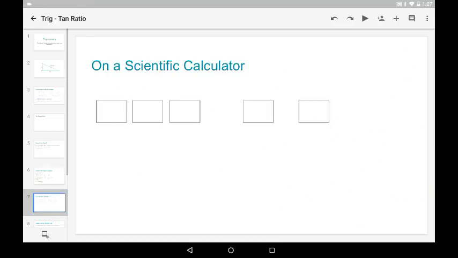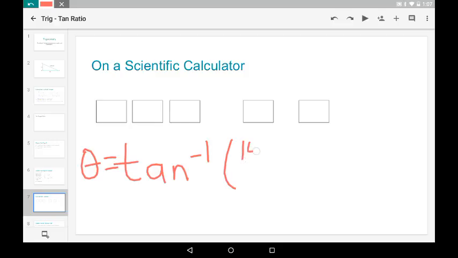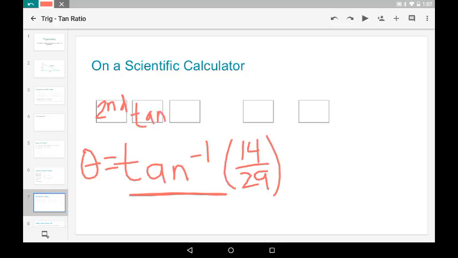Okay, so on your calculator, when you're trying to solve one of these things, we had theta equals inverse tangent of 14 over 29. That was our equation. There usually isn't a button on a calculator that looks like this until you push either a shift button or a second function button. So you hit second function, then you hit tangent, and that will bring this up on the screen for you.